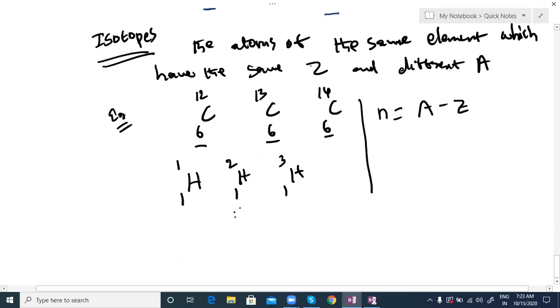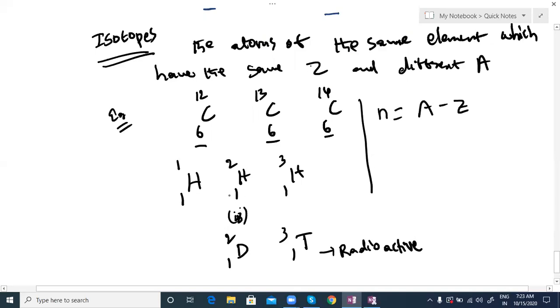I am representing deuterium as 1D, this is the deuterium symbol, and tritium as 1T. This is a radioactive element. Radioactive means it can release alpha particles, beta rays, gamma rays like that.